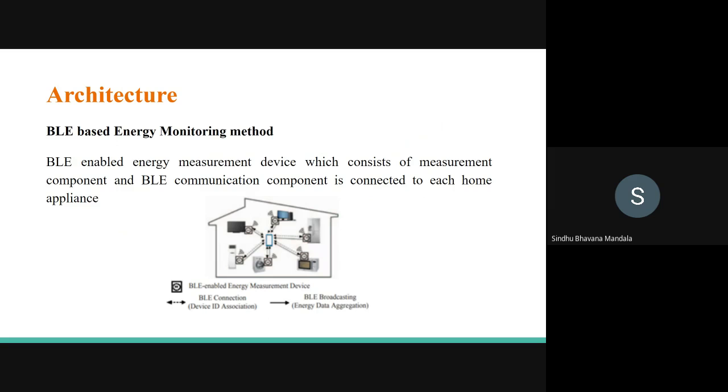The measurement component measures the accumulated energy consumption and stores the measured data in its memory queue periodically. The Bluetooth communication component composes the energy data packet from that stored data and its device ID, and broadcasts that packet periodically in accordance with the advertising interval. So moving on to the next slide.